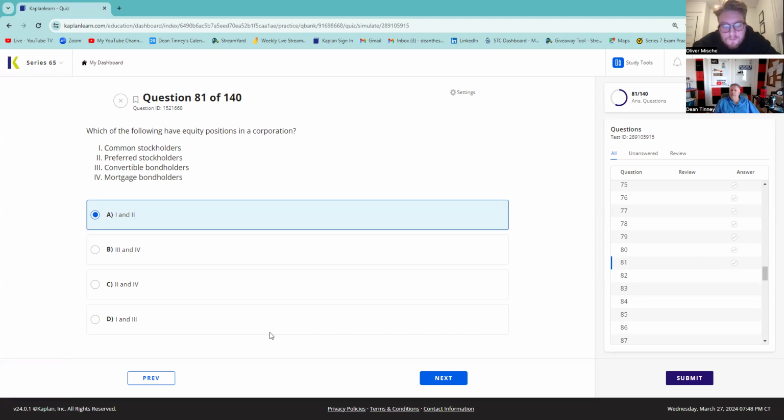What best describes that residual claim? A, market value, B, par value, C, book value. What best describes the theoretical liquidation value of a corporation? Book value. Right on.